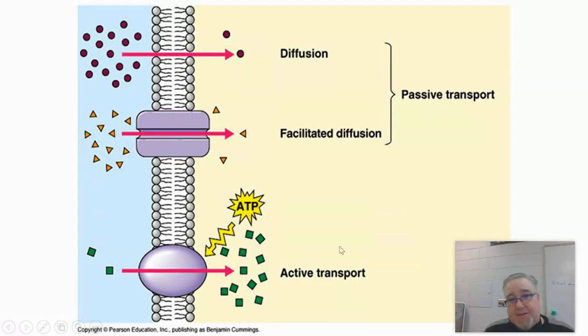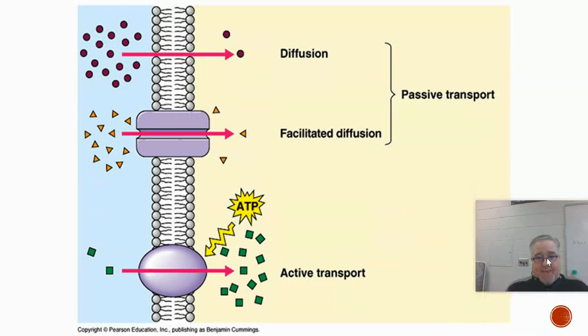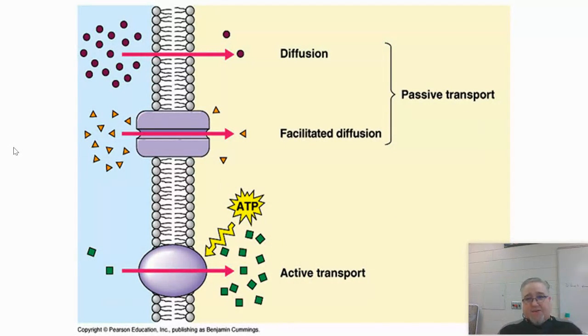All right, now this last picture, I really like this picture because it sums up everything that we've talked about the last couple of lectures. So again, here we have our cell membrane, right? We've got our phospholipid bilayer. And over on the left, we've got three different substances, whatever they are, okay? So this substance up here, you'll notice that it's just moving from high concentration to low concentration.